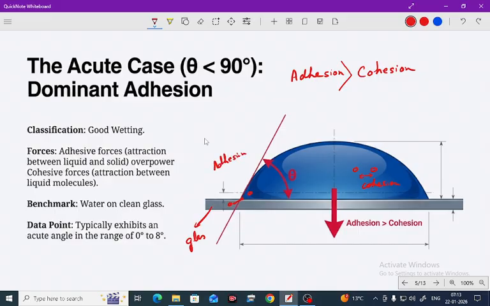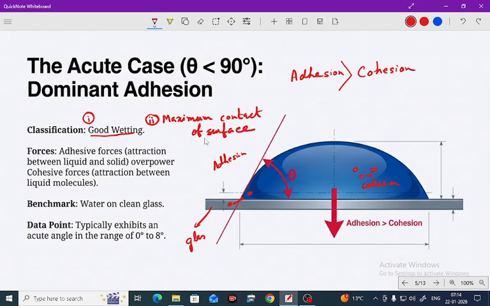And if adhesion is greater than cohesion, the classification is good wetting and maximum surface of contact. Number 1 is good wetting and number 2 is maximum contact of surface.